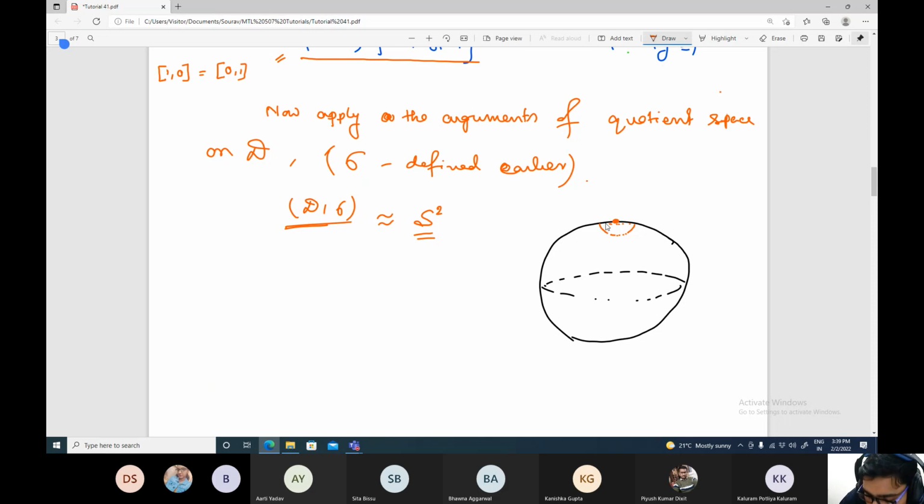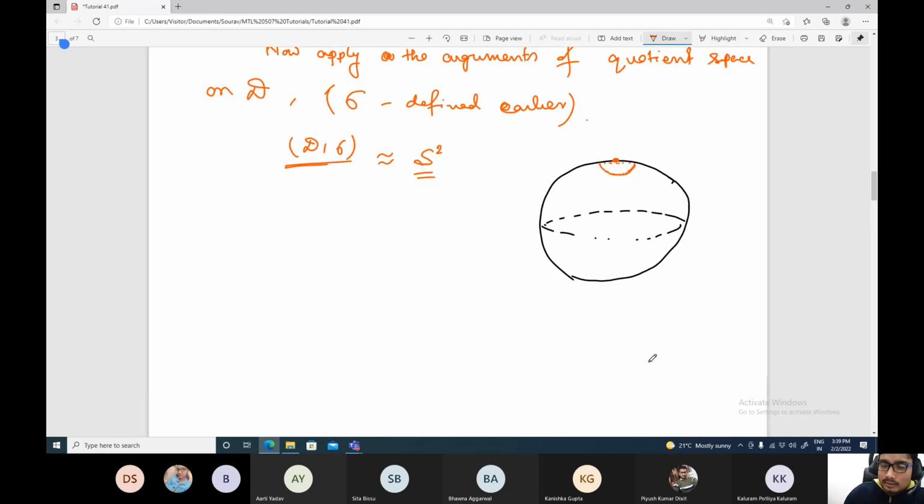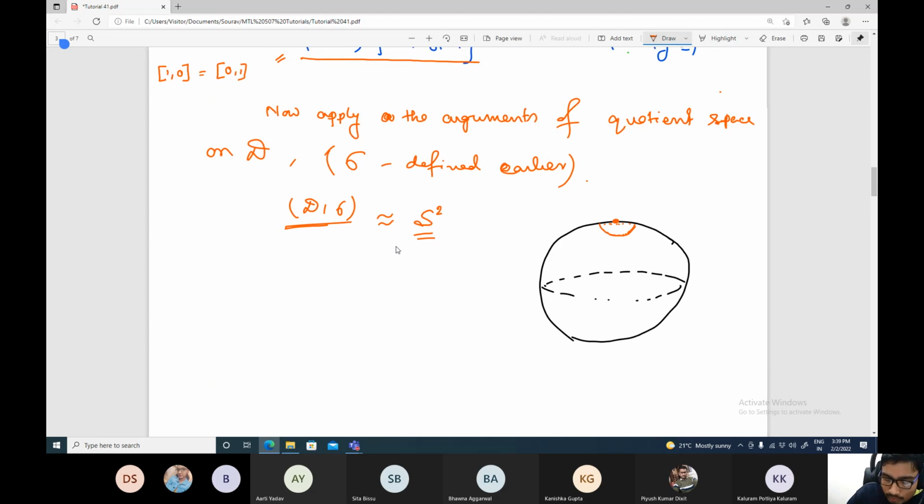These dotted lines are on the opposite side. So we can see that this is actually homeomorphic to S2, right?